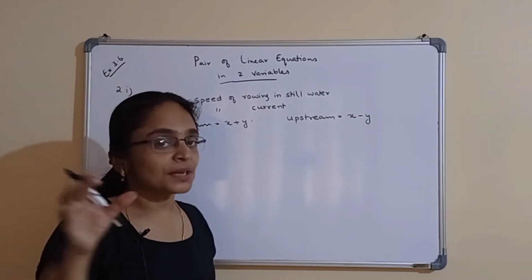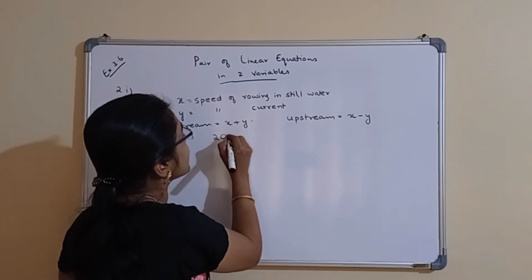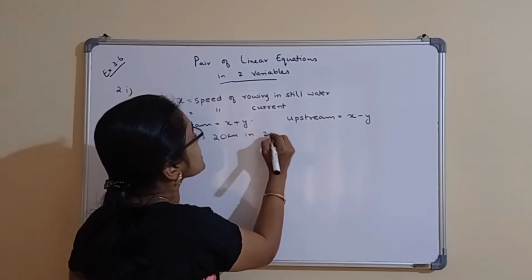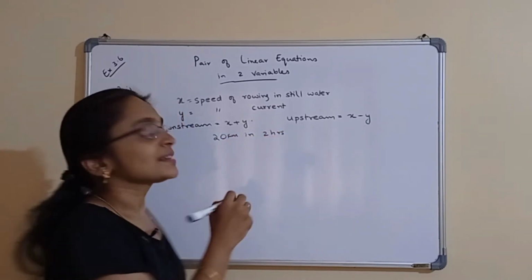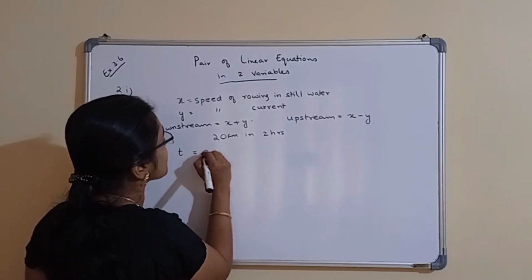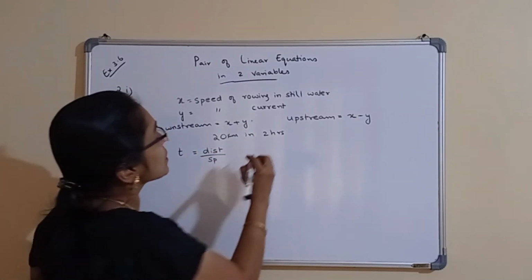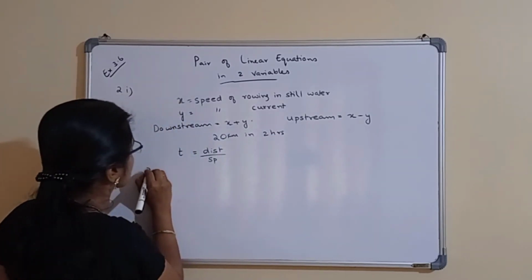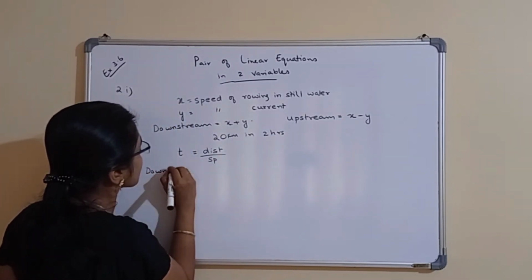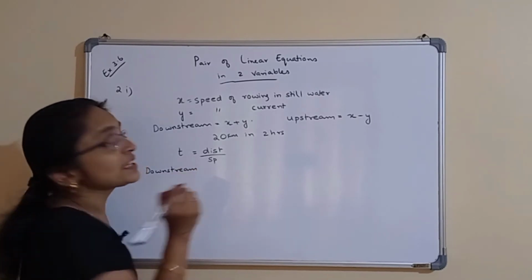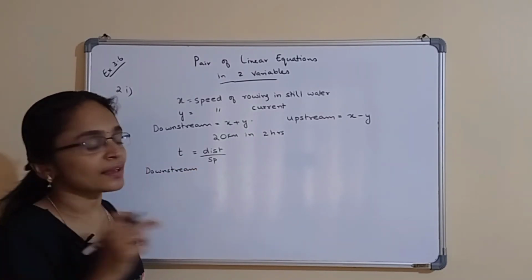For going downstream, she will go 20 km in 2 hours. And we know that time is equal to distance by speed. Right? So, while going downstream, she will take 2 hours to travel 20 kilometers.